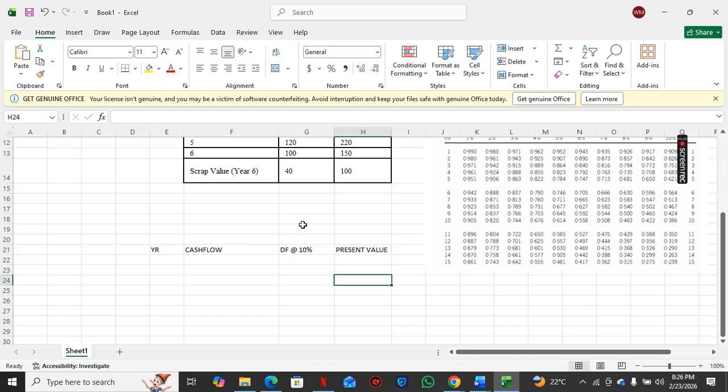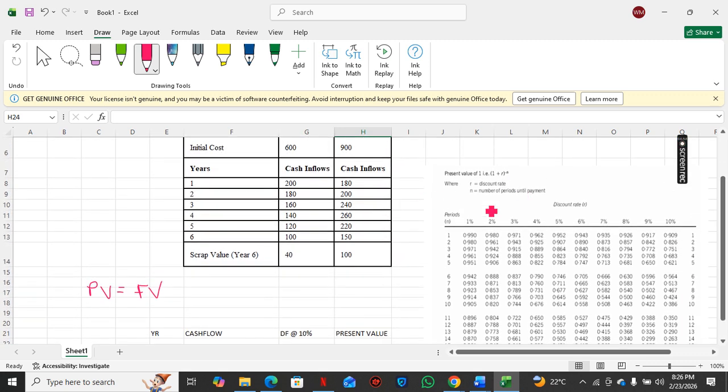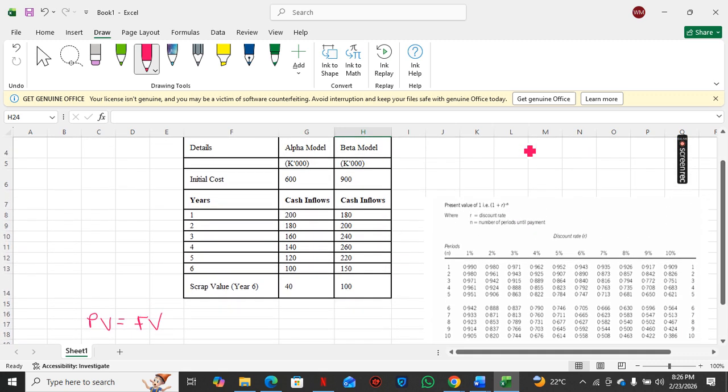Remember, all that we're doing here is using the same formula for present value: PV equals your future value, which are these cash flows we're going to be receiving if we buy this model. If we buy the alpha model, year 1 we expect to make 200,000, year 2 180,000, year 3 160,000, and so on.